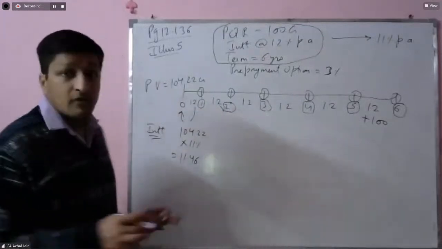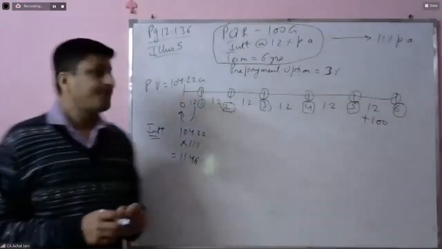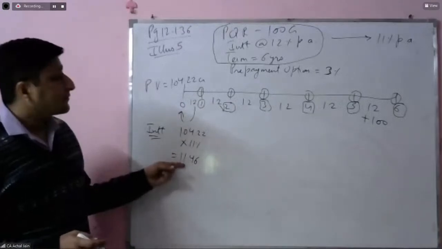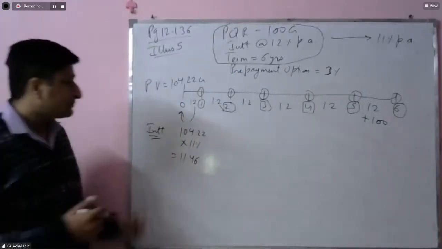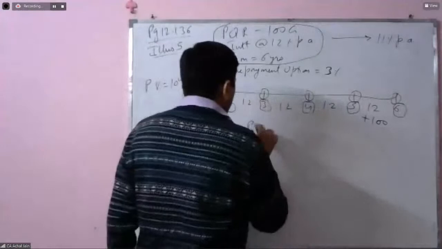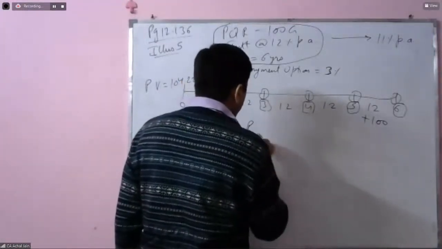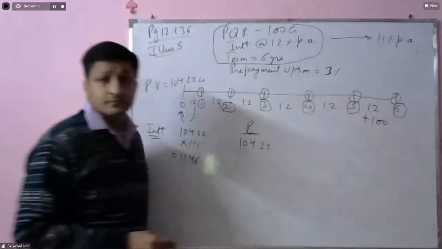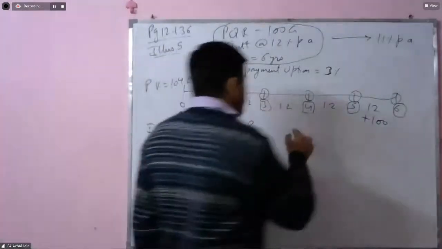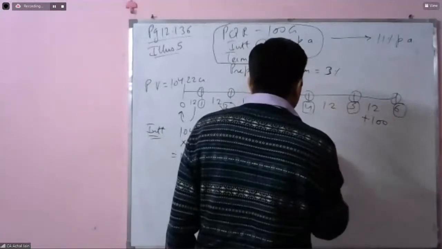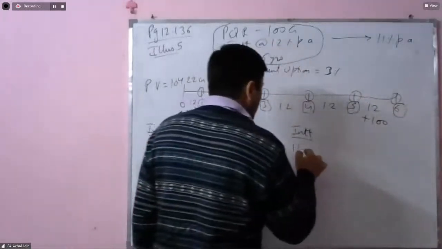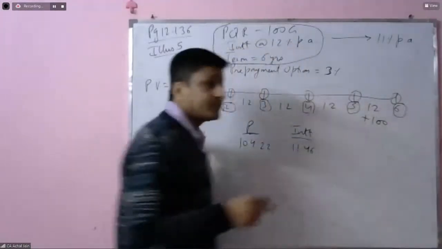Let's understand how this computation is done. Now at the end of the first year, what do we have? Principal equivalent to 104.22. And in the first year, interest came out to 11.46.